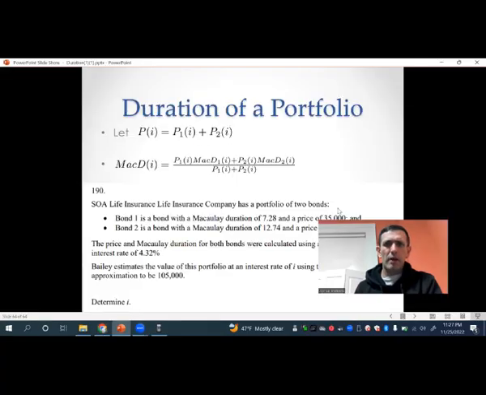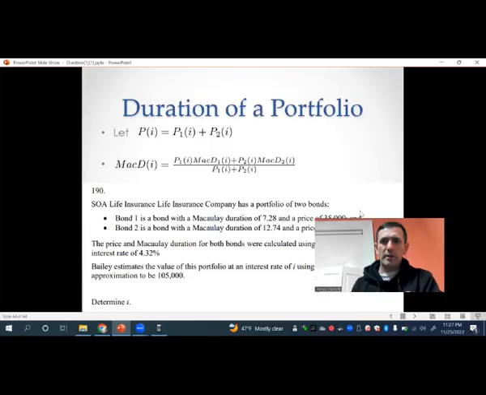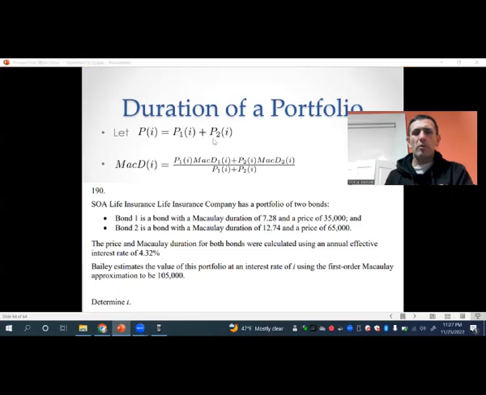I don't think there are any problems on Exam FM on this, but this formula applies to any number of pieces of a portfolio.